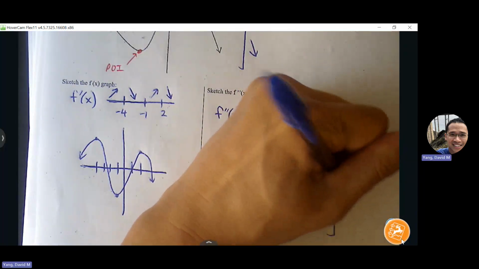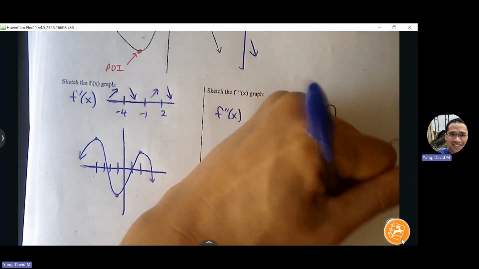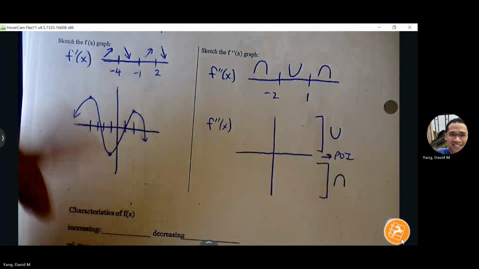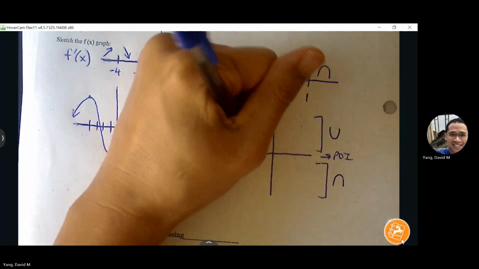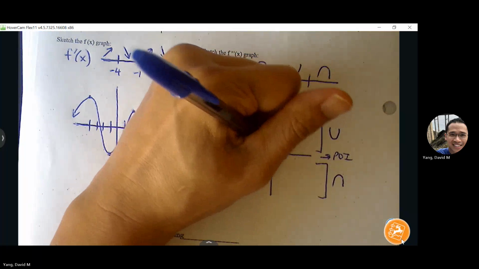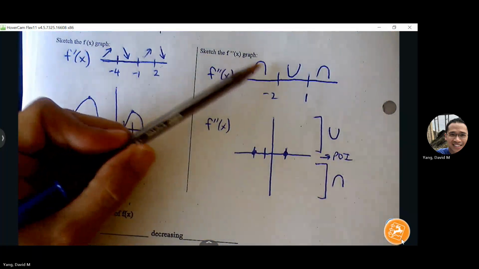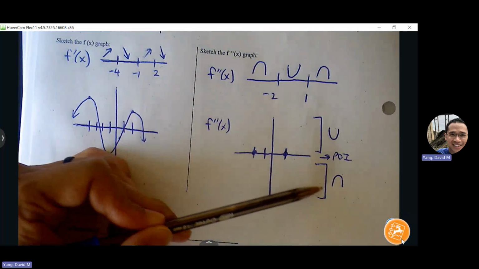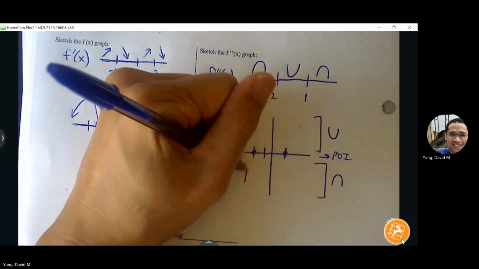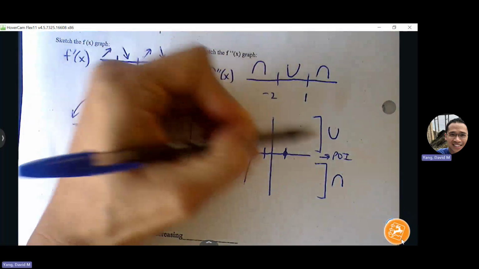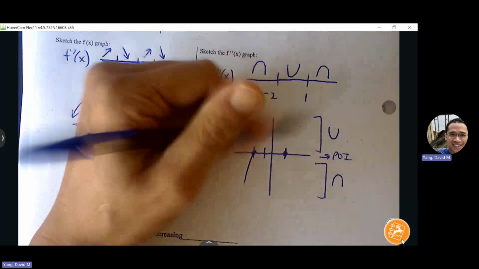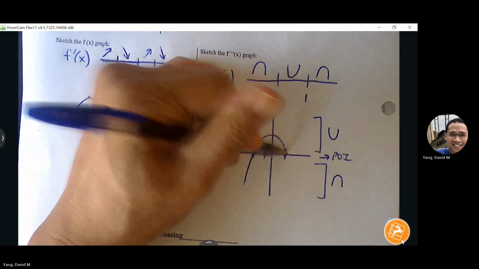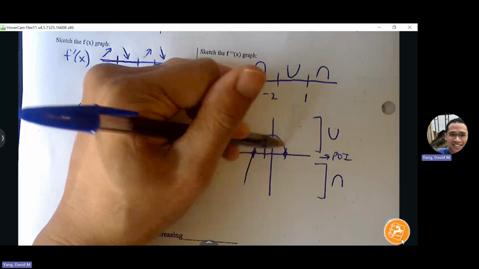So point of inflection goes on the x-axis. Above is concave up, below is concave down. To the left of -2, I want the graph to live down here. Between -2 and 1, I want to have the graph live up here. And then to the right, below.